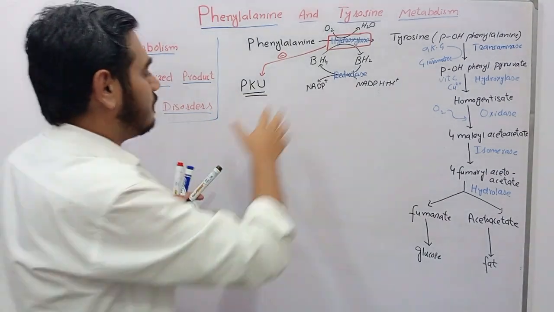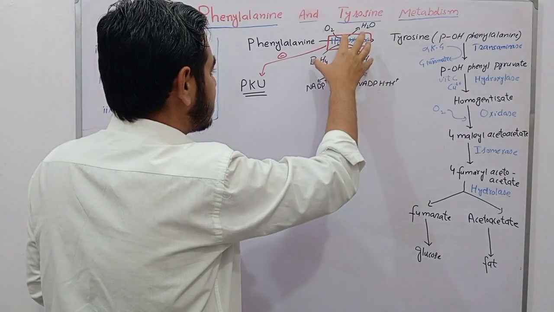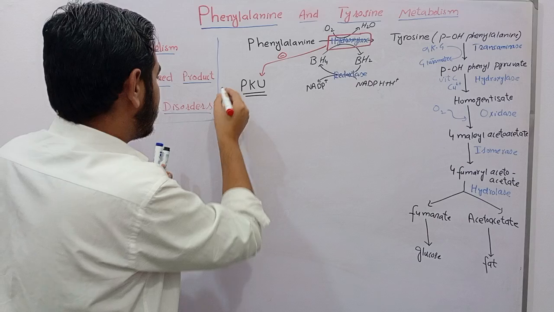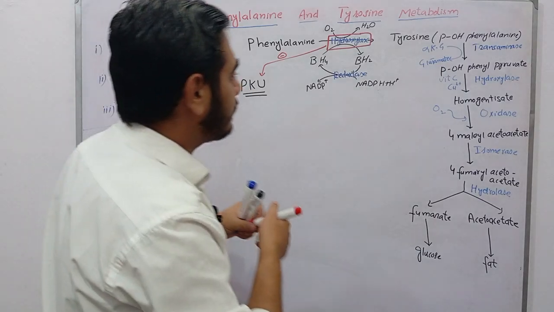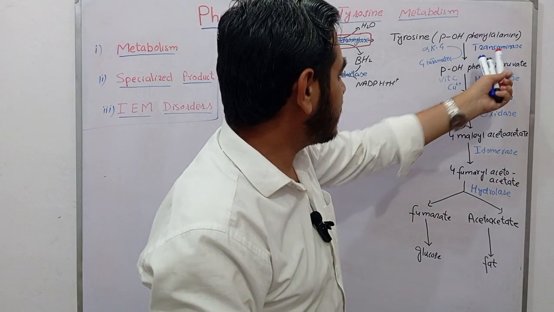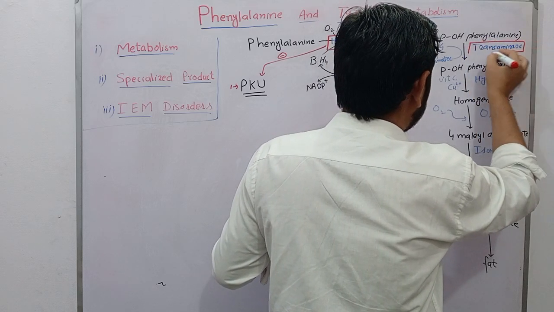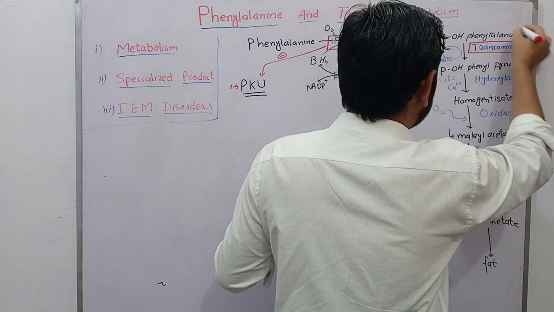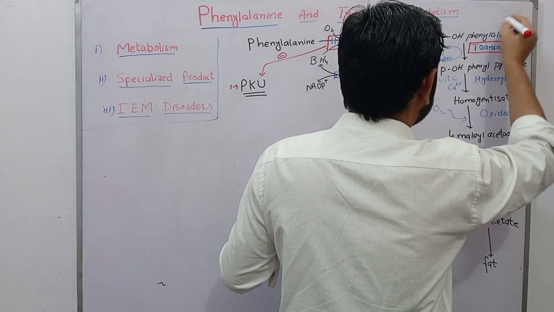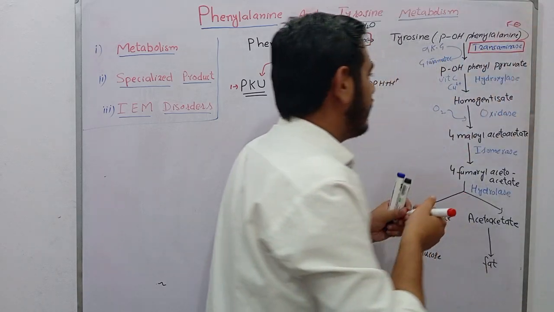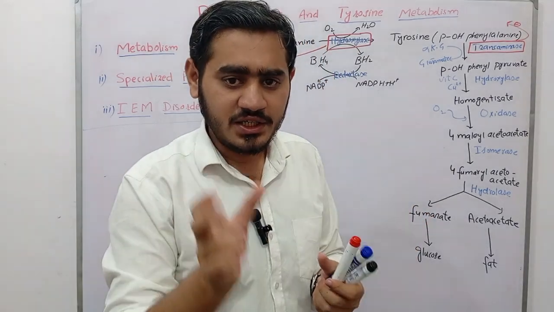The deficiency of phenylalanine hydroxylase enzyme leads to the disorder phenylketonuria. Okay. Now here, the deficiency of this transaminase enzyme leads to a disorder, and that is tyrosinemia type 2.